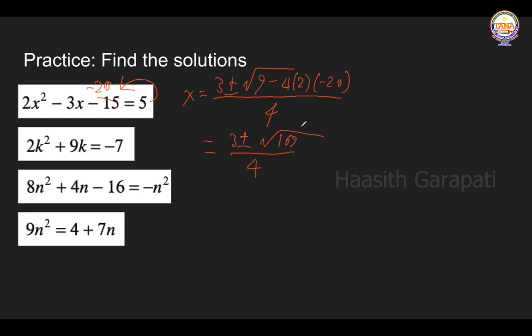And if you didn't know, the square root of 169 is a perfect square, equal to 13. Then you can find solid numerical answers from this. You'll get 4, and you'll get negative 2.5.